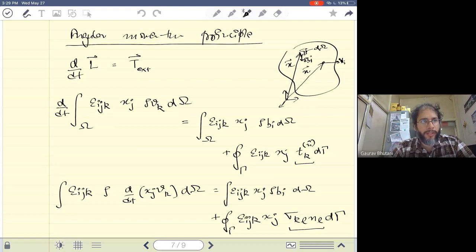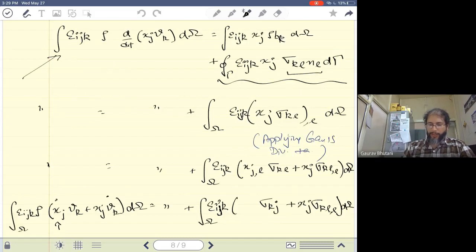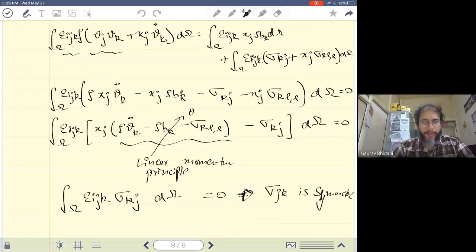And we discussed earlier as well that we were not talking about those systems. Those systems are very rare, and for all the systems we consider, concentrated moments don't exist. So for non-polar materials, this is the case, and sigma is symmetric. But for polar materials, where you can have concentrated moments, sigma may not be symmetric.